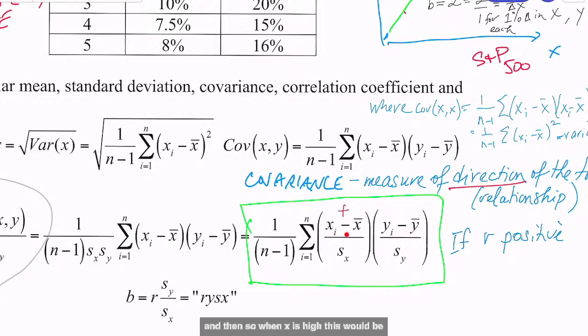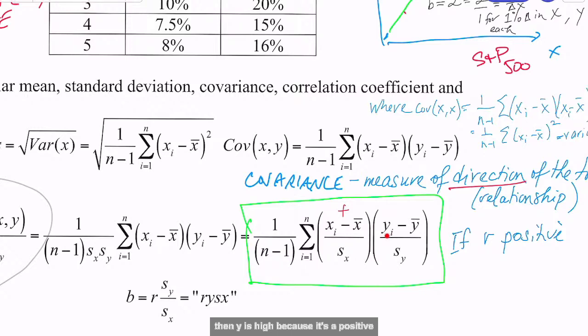And then when X is high, this would be positive because standard deviation is always positive. The covariance is part of calculating the slope. Yes. Okay, so when X is high, that would make this high, and this would be positive, and this is already positive, so this is positive.